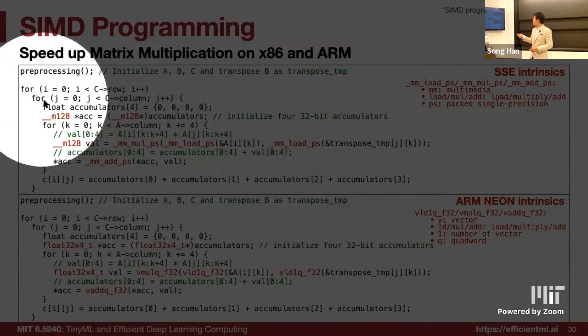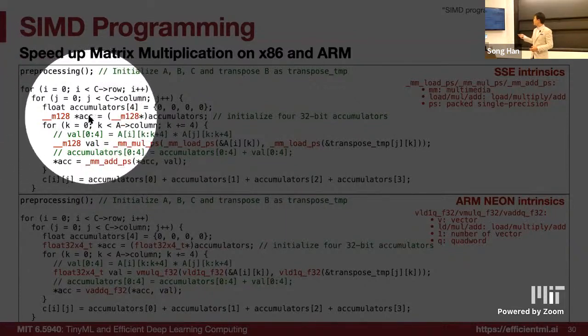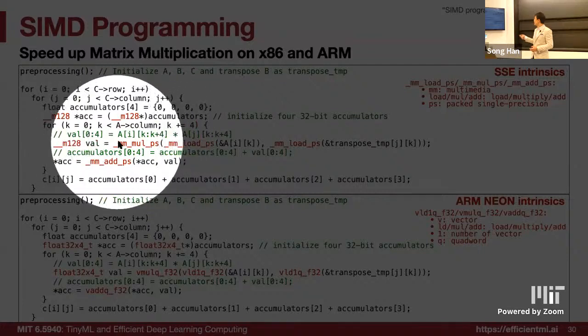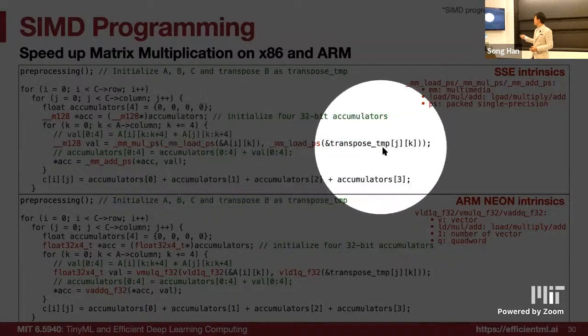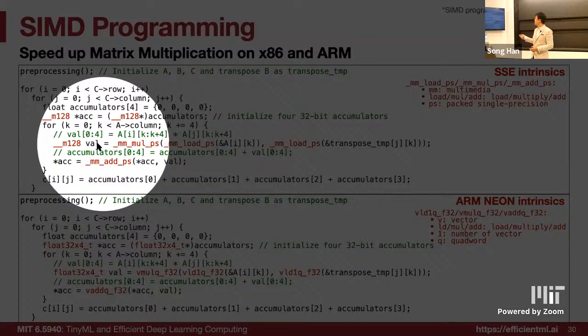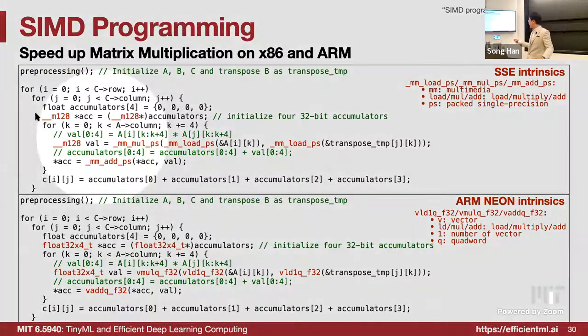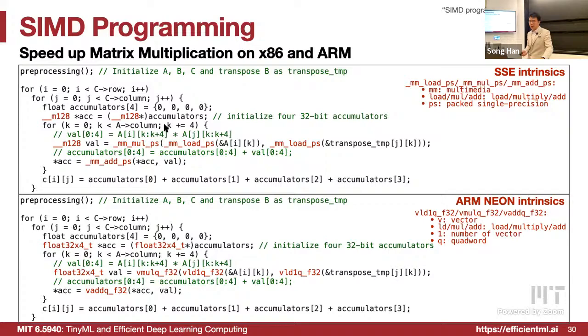So again, we have 3 for loops. Here we are going to create an accumulator that is 128 bits. The result will be: we first load from A, load the transpose version of B, and then add it back to C. Here we are processing 4 elements at a time. Therefore, here k plus equal to 4, since the vector size is 4.